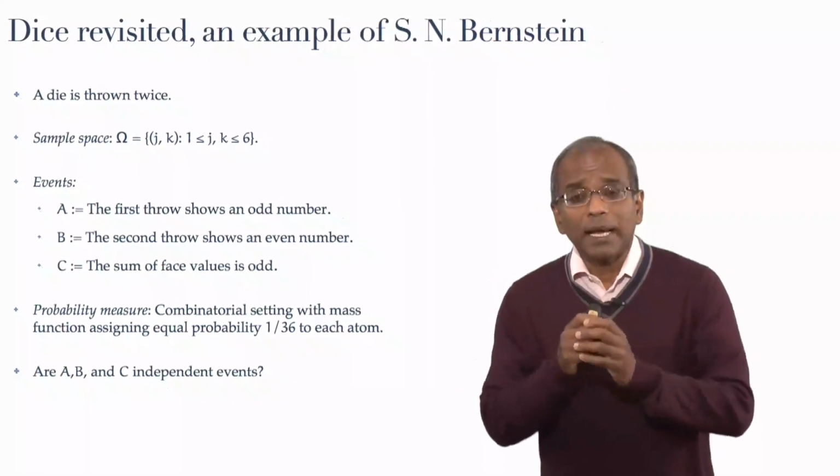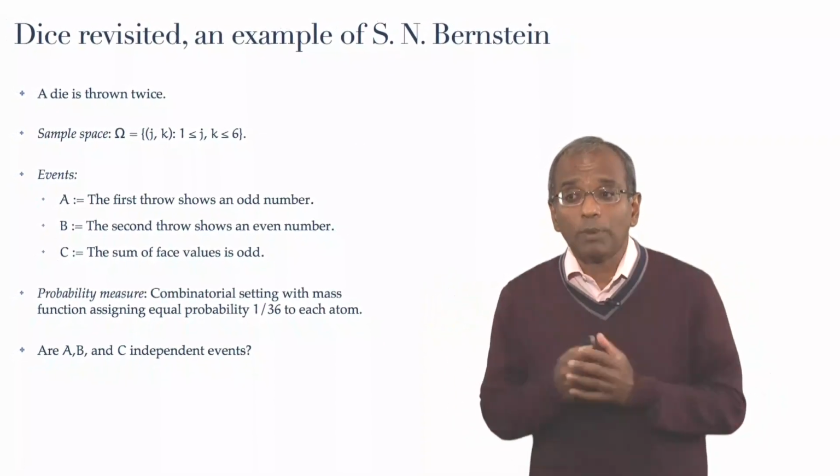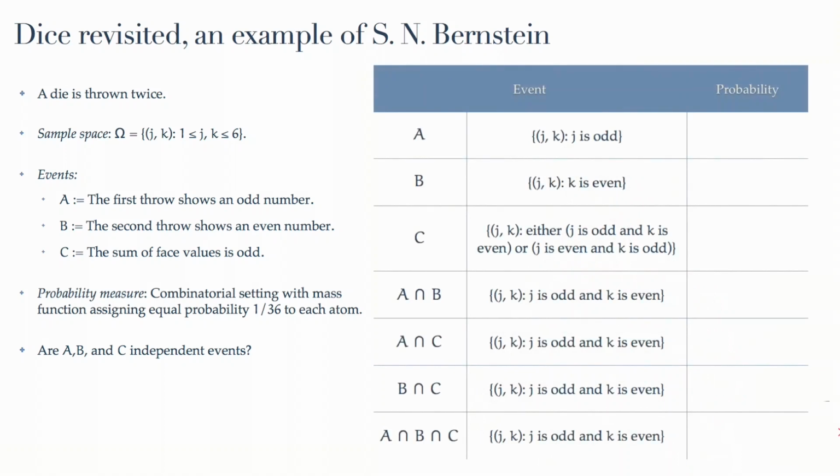All right, now let's come back and identify all the events of interest in this problem. Let's start with the event A. The first face is odd. That means we're looking at all the ordered pairs J and K, where J is an odd number. In other words, J is 1, 3, or 5.